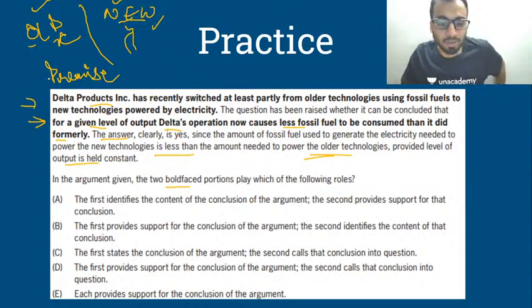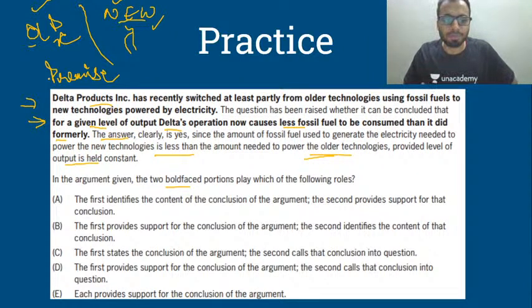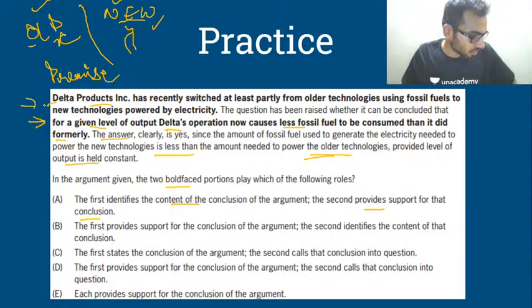Okay, Anushka says option A. The first identifies the content of the conclusion. The second provides support for that conclusion. Now understand that A is not talking about the conclusion at all, Anushka. A is giving you an assertion.